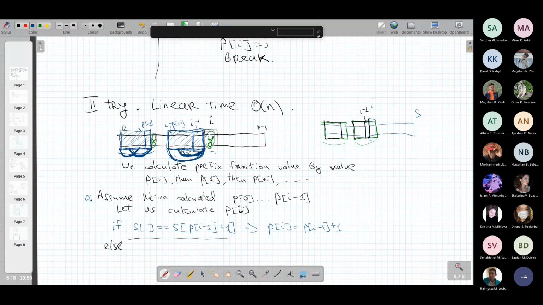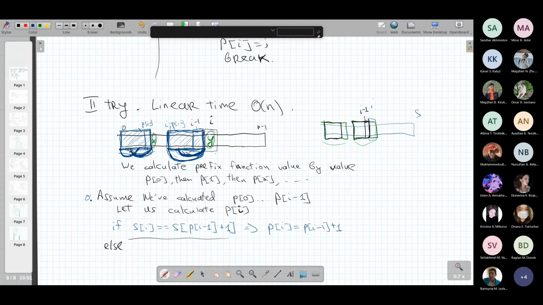We want to find for sure who is the next candidate. So this candidate is the suffix of that green rectangle on the right. This green rectangle is equal to this green rectangle. By rectangle, I mean the string enclosed in this rectangle. This string is equal to this string. So this candidate will have a copy here, right?